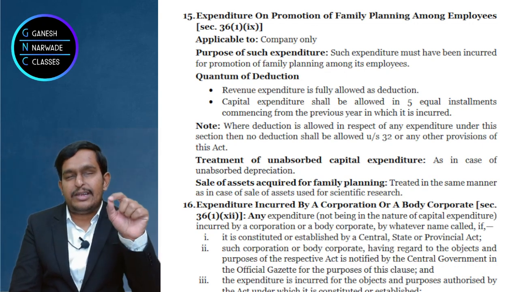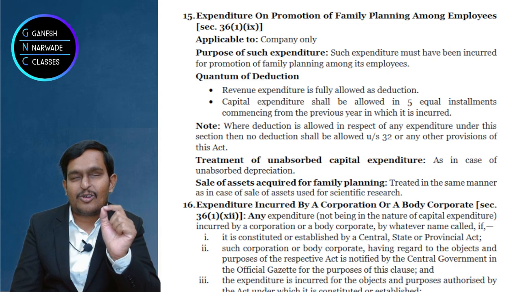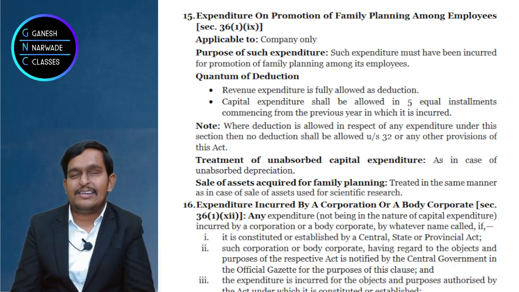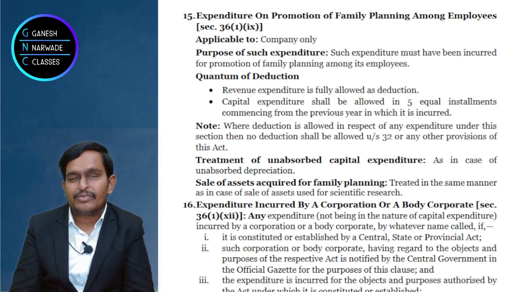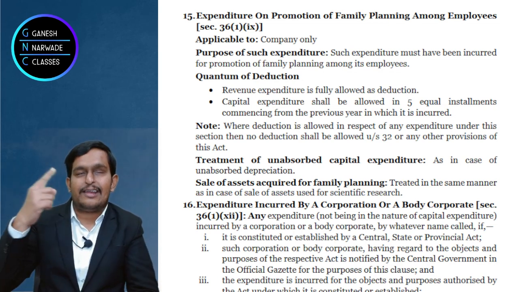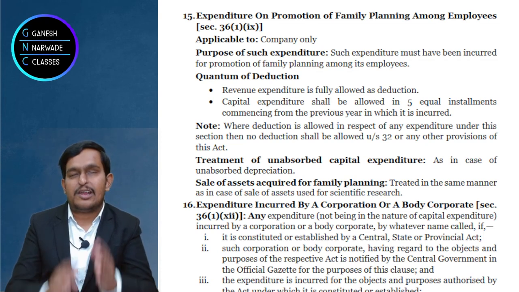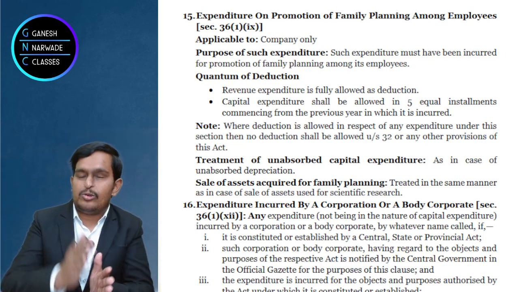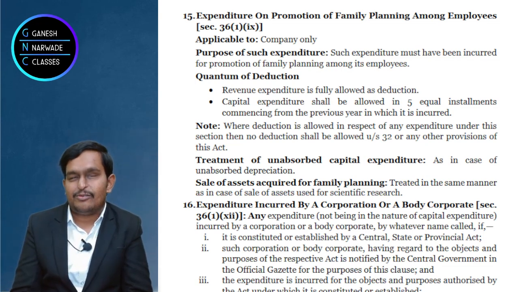If you are claiming deduction under section 36 subsection 1 clause 9, then can you claim depreciation under section 32, or can you claim deduction under any other section? The answer is no. If you are claiming deduction here, then don't claim it at any other place. For capital expenditure I am talking about.